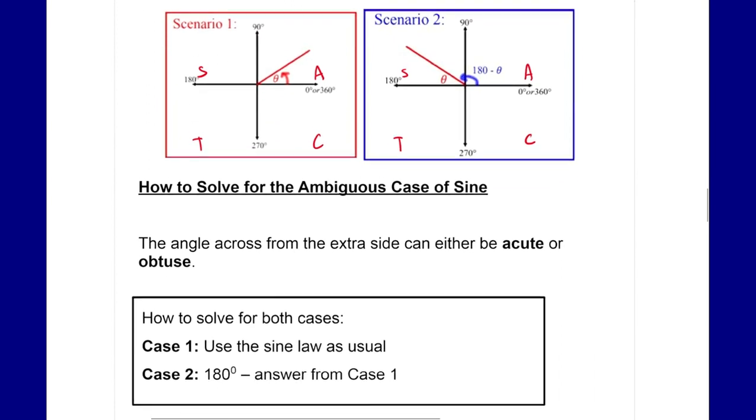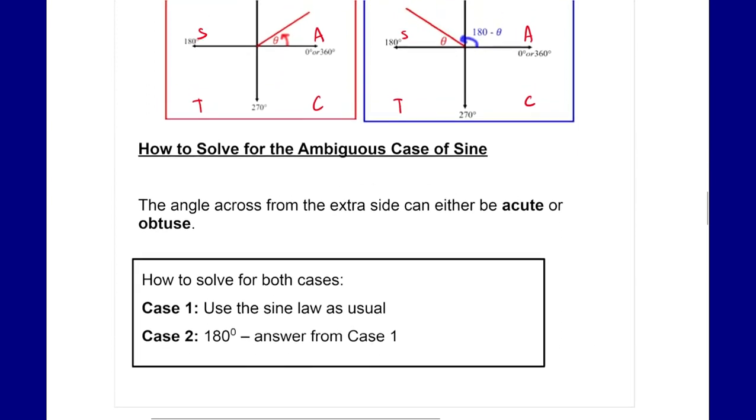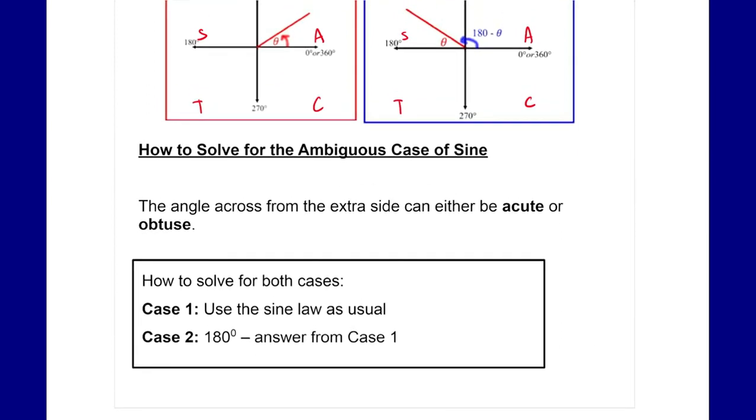How do we solve for the ambiguous case? The angle across from the extra side can be either acute or obtuse, as we've already mentioned. For case 1, we're just going to use the sine law as usual to find the missing angle.